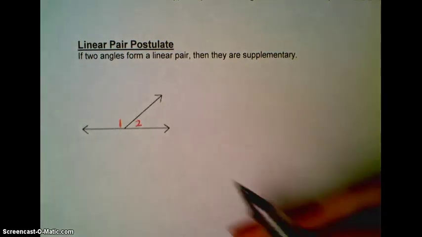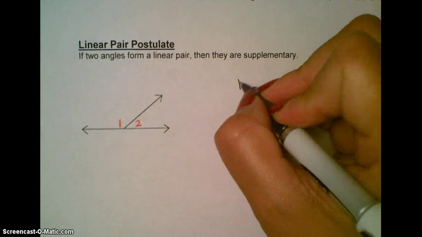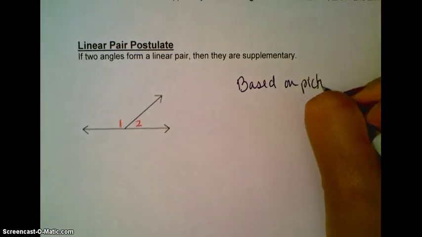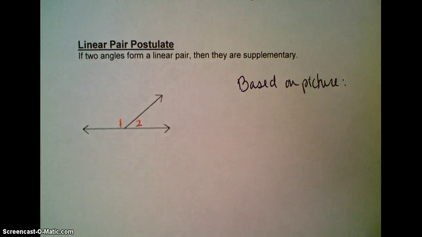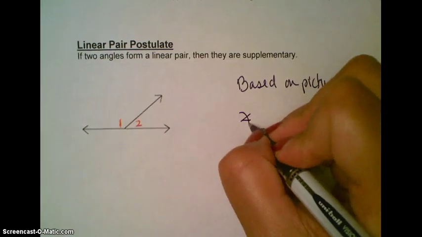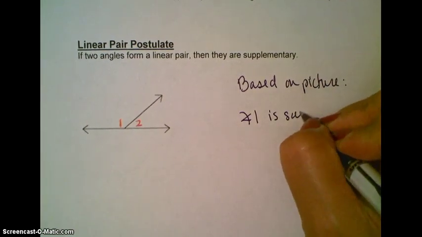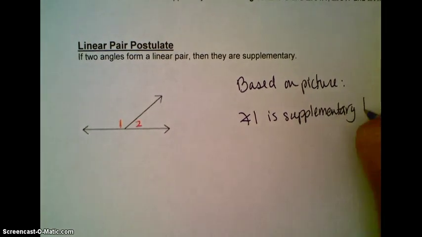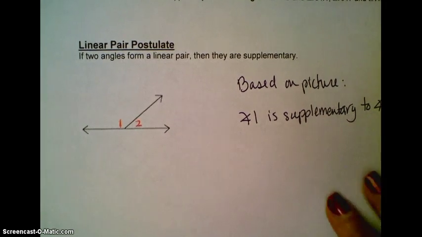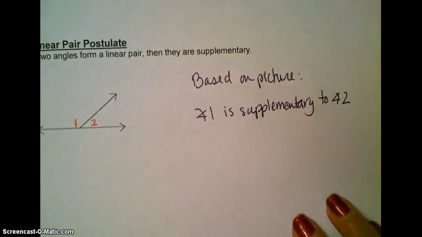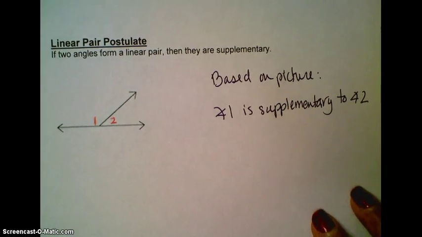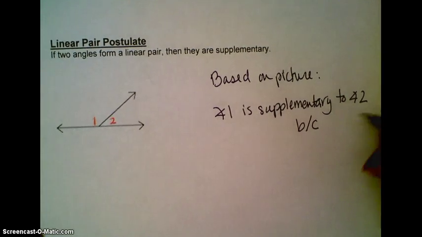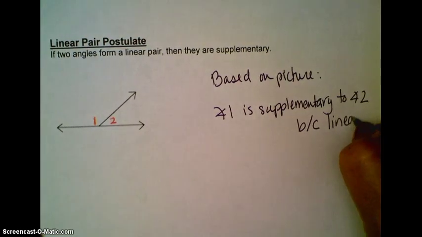So in this picture, I can say, based upon the picture, angle 1 is supplementary to angle 2. And then I would justify that statement. I would give a reason for that statement. I can say that because of the linear pair postulate.